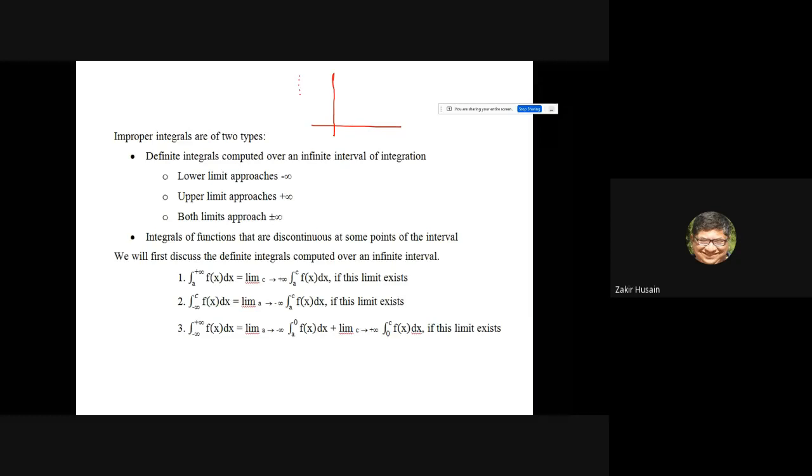Let's say it's asymptotic over here, and it is asymptotic over here. This is A and this is C, and this is 0. So that means we find the area under the curve from A to 0, using the second rule.